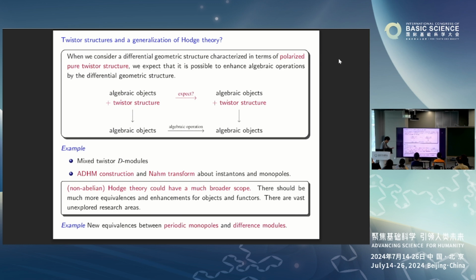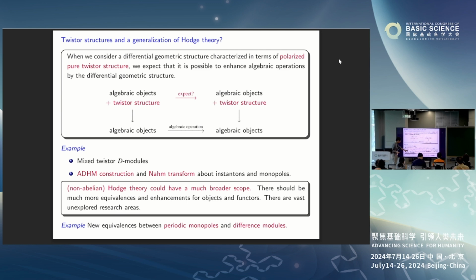So when we consider a differential geometric structure characterized in terms of polarized pure twistor structures, we expect it is possible to enhance algebraic operations by the differential geometric structures. Mixed twistor D-modules are one example. And the ADHM construction and the Nahm transform about instantons and monopoles are also such examples. I mean, they can be regarded as twistor enhancements of a kind of Fourier transforms.